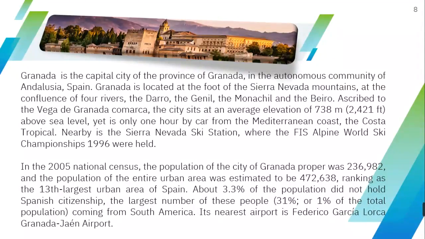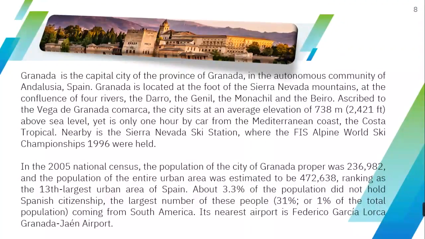Ascribed to the Vega de Granada comarca, the city sits at an average elevation of 738 meters above sea level, yet is only an hour by car from the Mediterranean coast, the Costa Tropical. Nearby is the Sierra Nevada Ski Station, where the FIS Alpine World Ski Championship 1996 were held. So this is the first paragraph of this descriptive text.